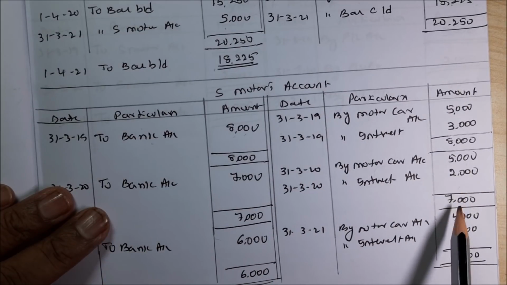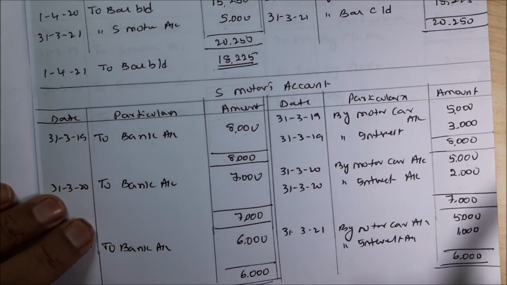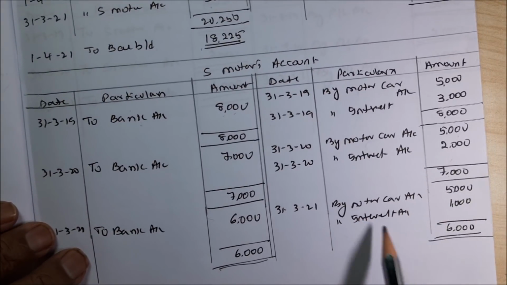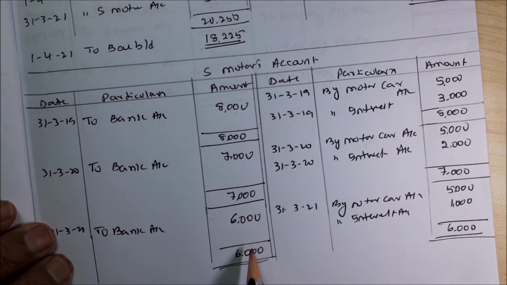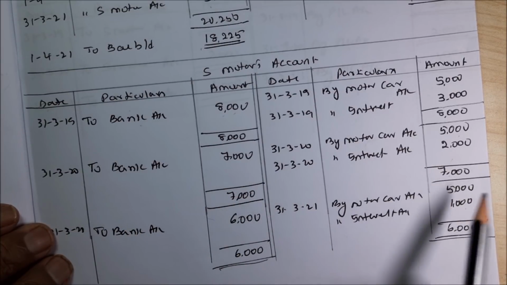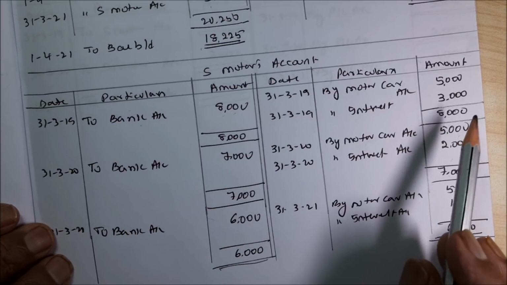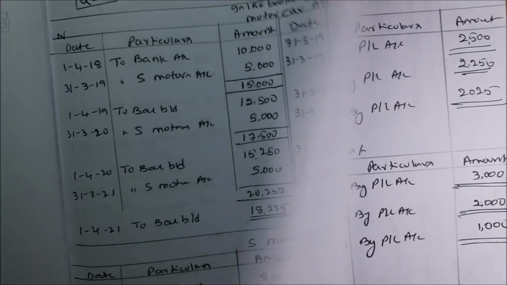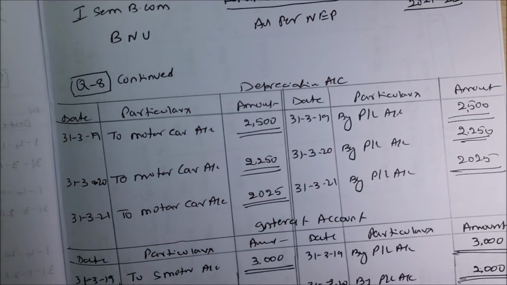Second year interest is 2,000. 7,000. 7,000 closed. Next by motor car amount 5,000. Then interest is 1,000. Bank 6,000. So very simple. That year only it will be closed, right? Each installment along with the cash price and interest has been paid. Now you are supposed to prepare two more accounts.